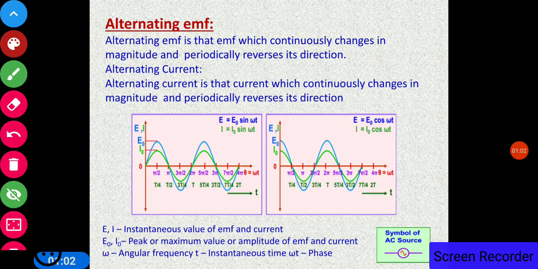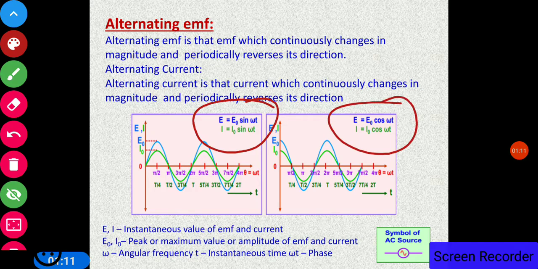Now, alternating EMF or the voltage can be represented in two ways, either in the sine form or in the cos form.